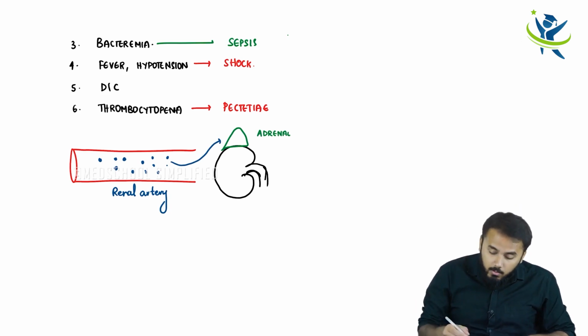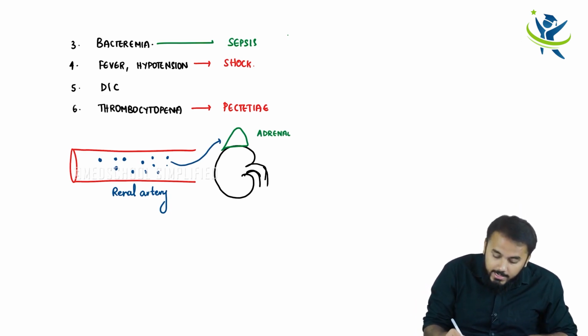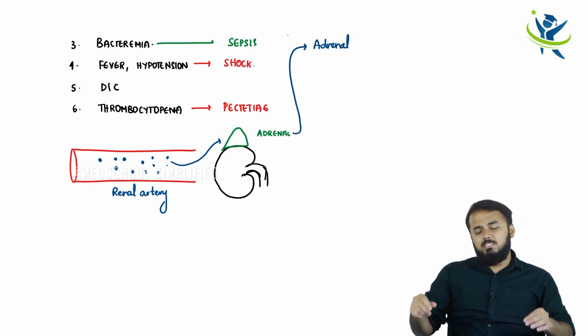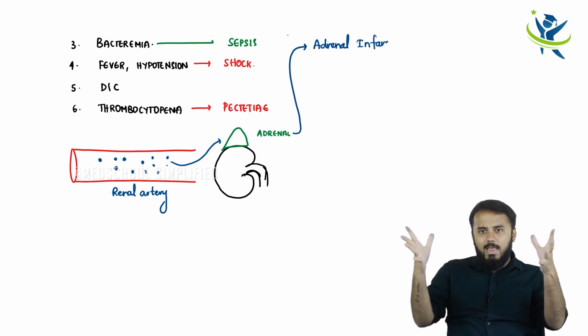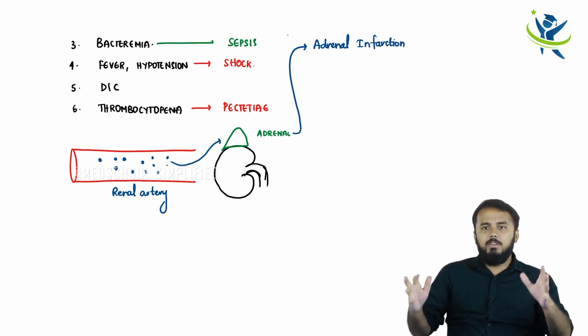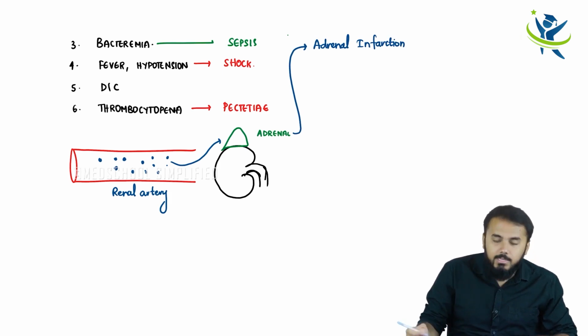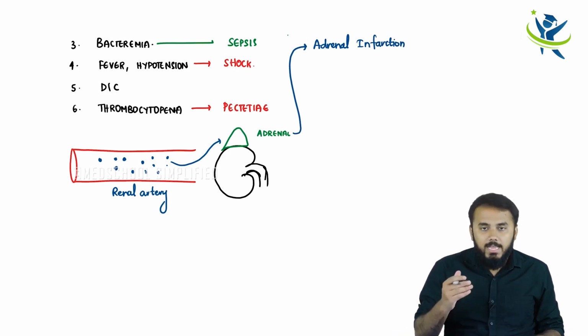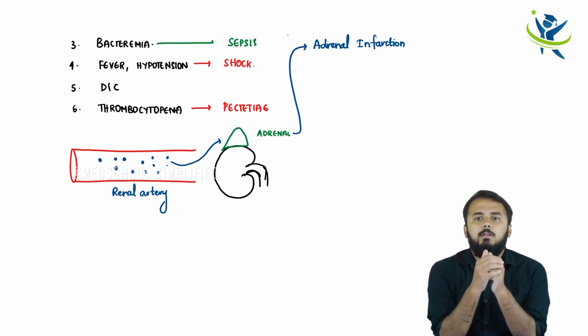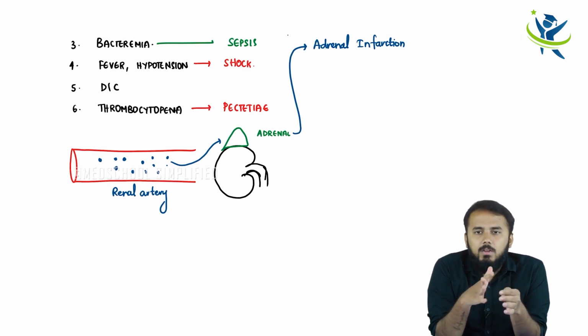So what is happening is that the adrenal gland is getting infarcted. This is called adrenal infarction. When your adrenal gland gets infarcted so severely, the adrenal gland will blast like this. There is hemorrhage of the adrenal gland. The adrenal gland basically releases some of the important hormones, for example, epinephrine, norepinephrine, aldosterone, cortisol.